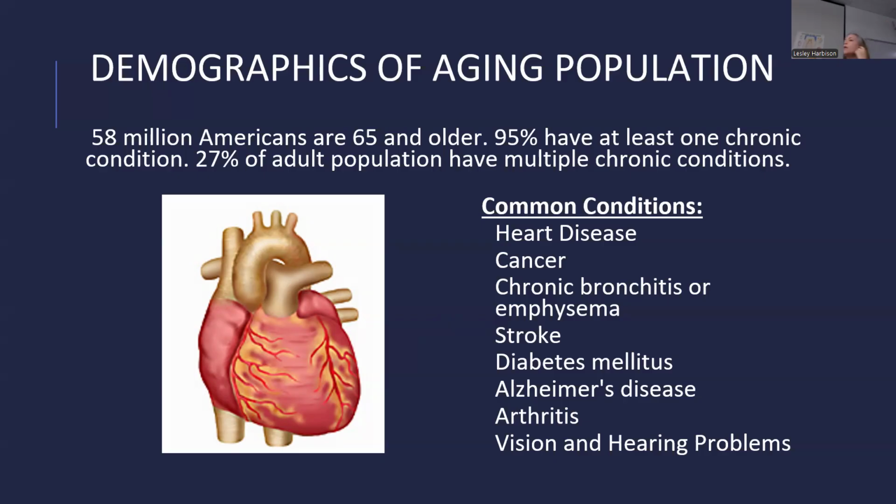Once they all started to get to retirement age, there are more aging diseases, systemic diseases, and more of that population has to be cared for. So there are common conditions you see on the slide: heart disease, cancer, diabetes, stroke, arthritis. There's just a lot more of that in the general population because there's more of this age group.